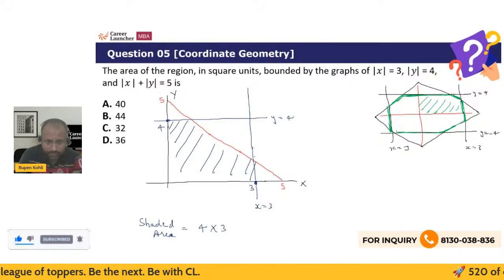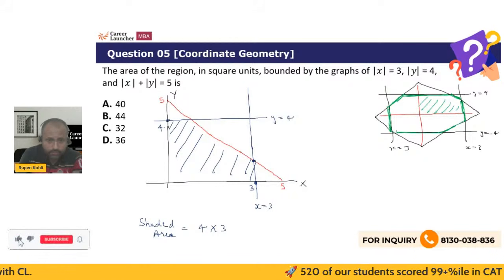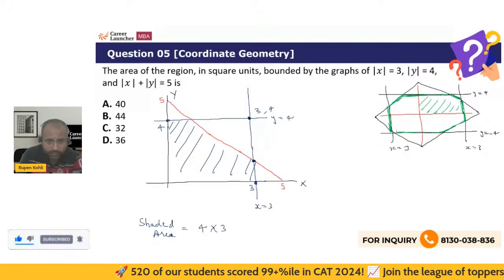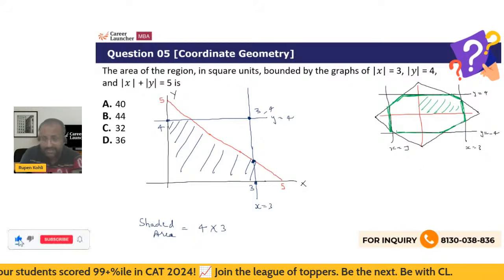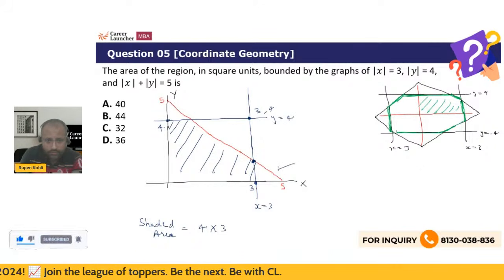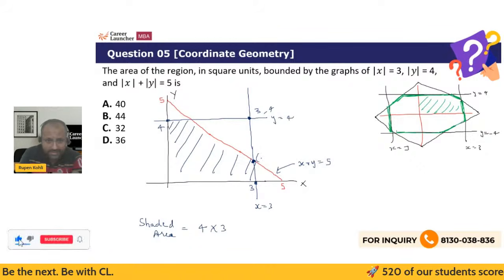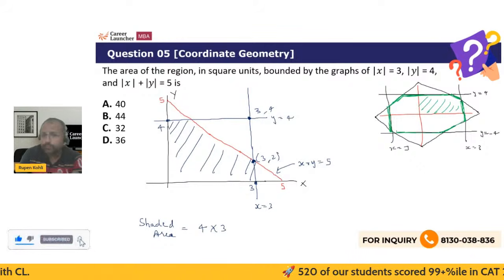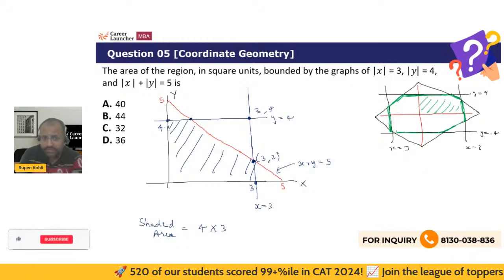So this being y equal to 4 and this being x equal to 3, this point is 3 comma 4, and this point, on this vertical line where it meets this right line, this is x equal to 3 and this is line x plus y equal to 5. So if x is 3, then y is 2. Likewise, this intersection. Why am I finding these intersections?